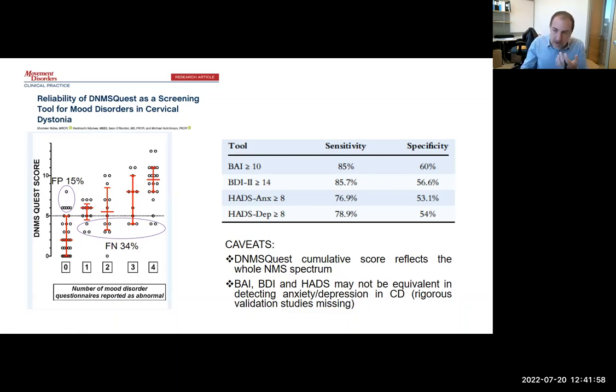This is a study that we are starting now at an international level with the Dystonia Coalition with the aim to identify the best screening tool for anxiety and depression in people with dystonia.